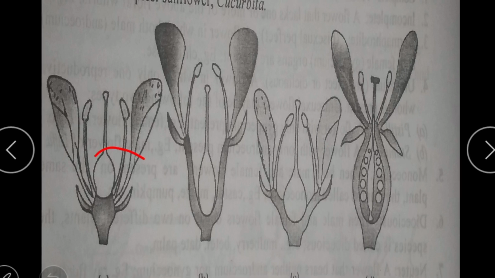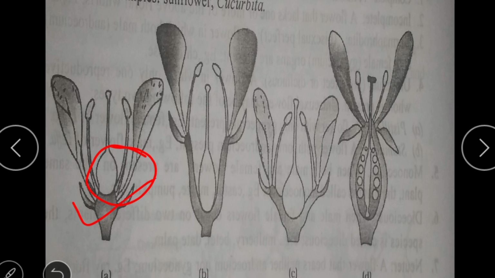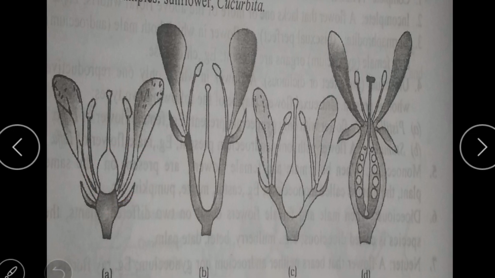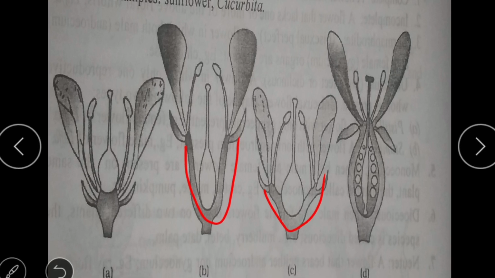Here this is the ovary. You can see that it is above the thalamus, and the other floral parts, that is sepals, petals and stamens, come below the ovary. So this is the superior ovary. And here you can see the cup-like structure. The thalamus is a cup-like structure and the ovary is in between this.